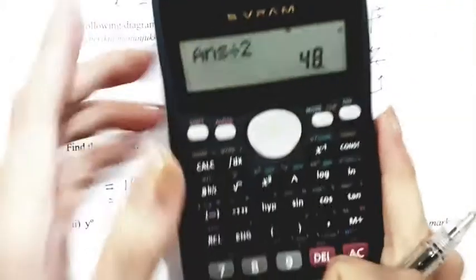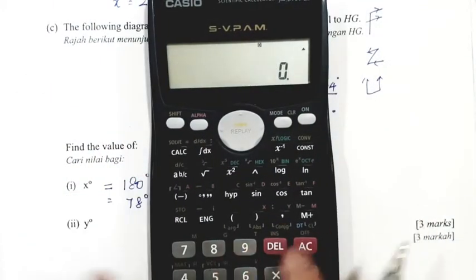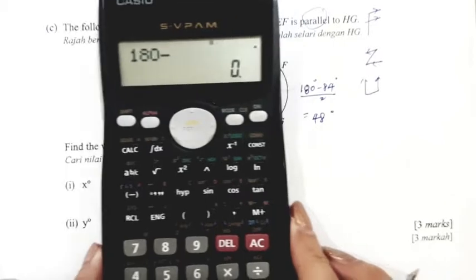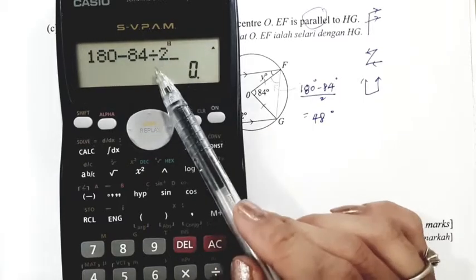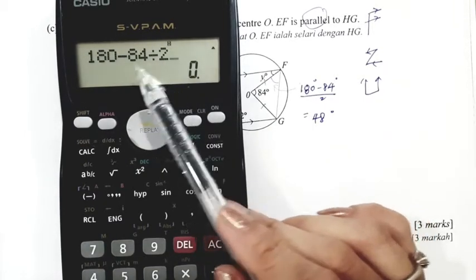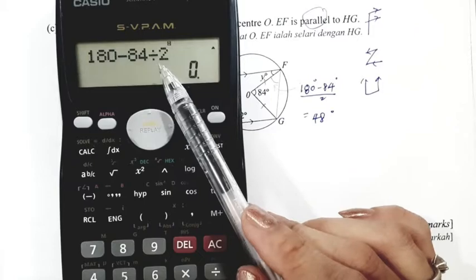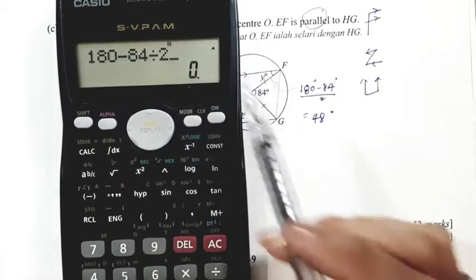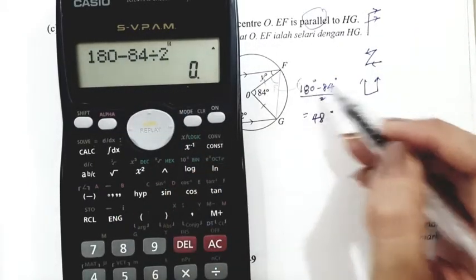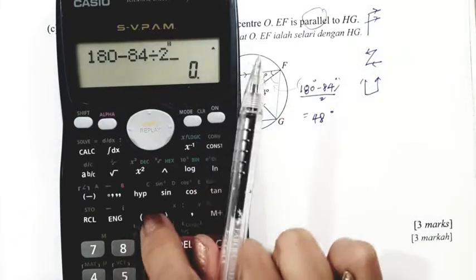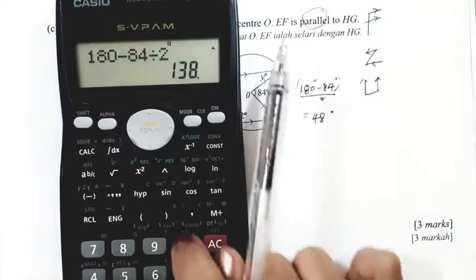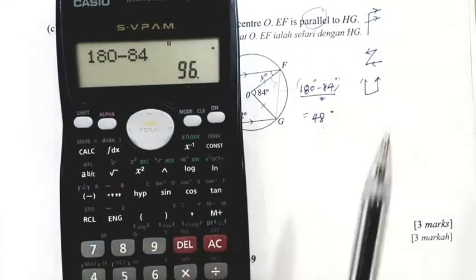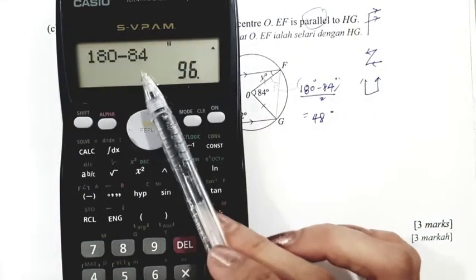Now I just want to remind all of you, yeah? If you put 180 minus 84 divided by 2 like this, you will not get the correct answer, because the calculator will automatically do the divide first since it follows the rules of parentheses. So what we need to do is create our own bracket in your calculator. Otherwise, you see, I don't get the correct answer. We have to enter first 180 minus 84.